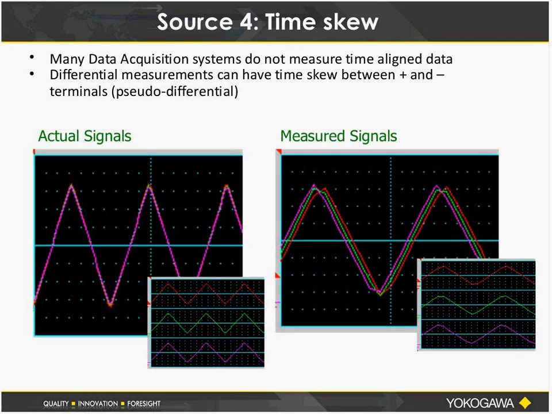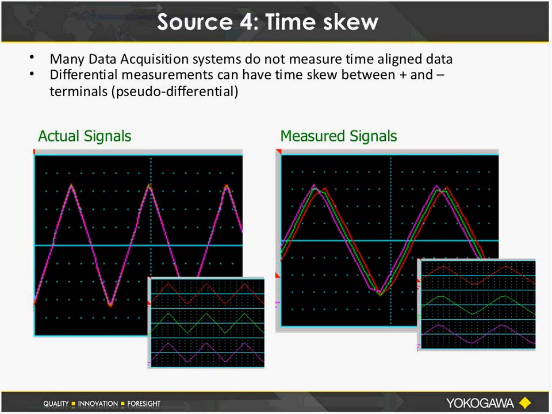Okay, the fourth source of noise in data acquisition is time skew. This is not something you would traditionally consider electrical noise, but I'm going to call it noise because it has the same effect: it can corrupt your measurements and provide false and inaccurate data. What causes time skew is any data acquisition system that doesn't measure time-aligned data.